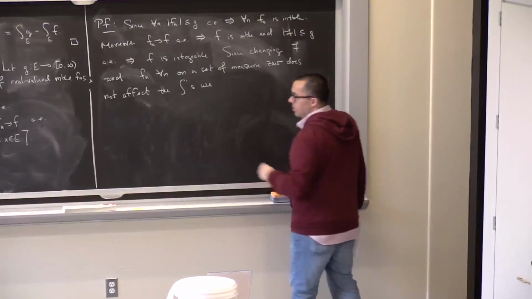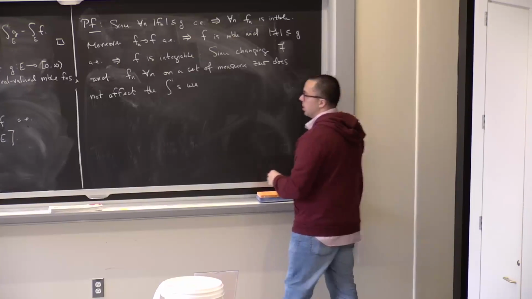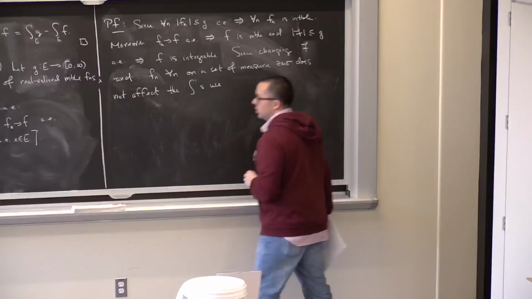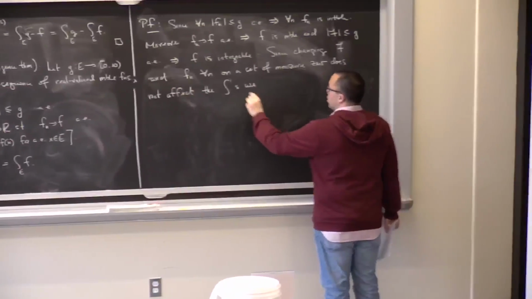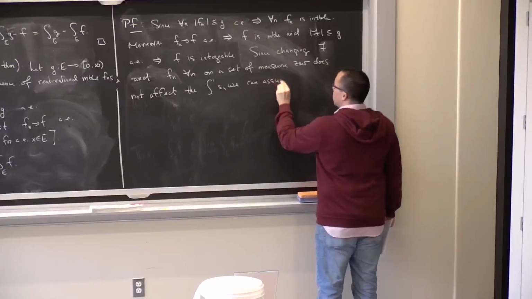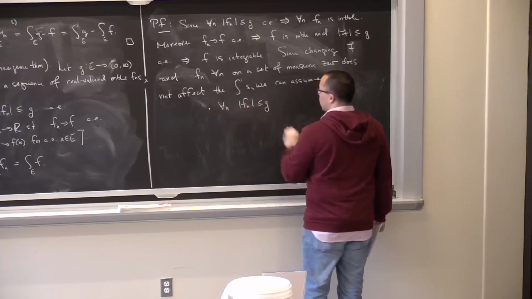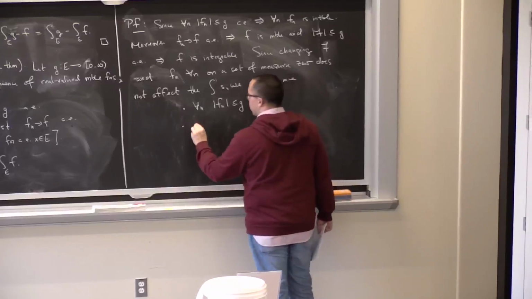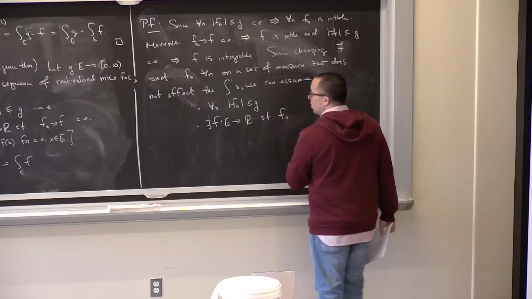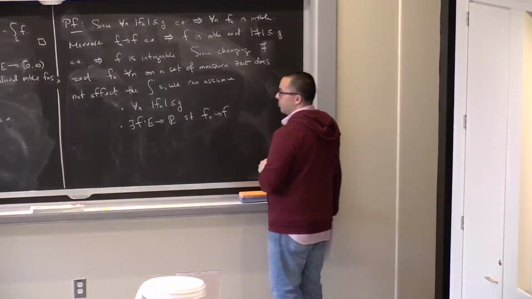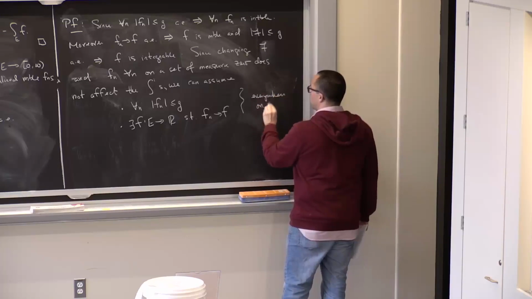And since changing Fn and f for each n on a set of measure 0 doesn't change the integrals, we can assume that these two assumptions hold everywhere on E. Okay?